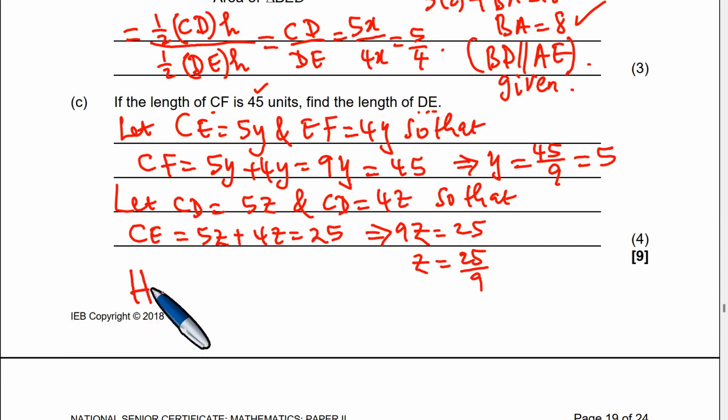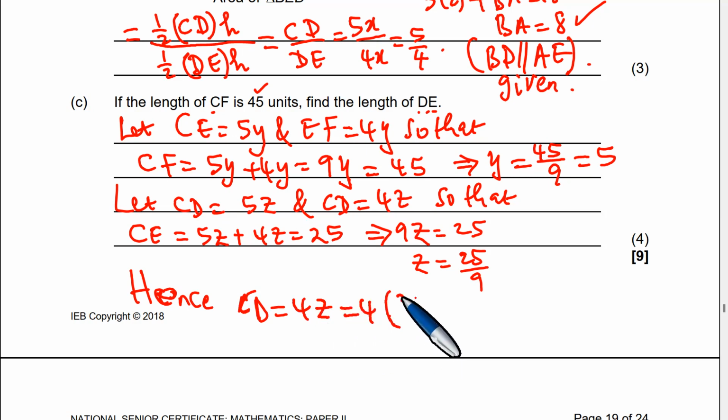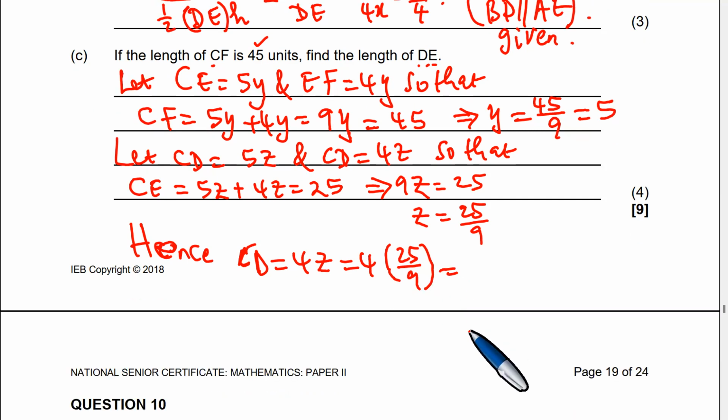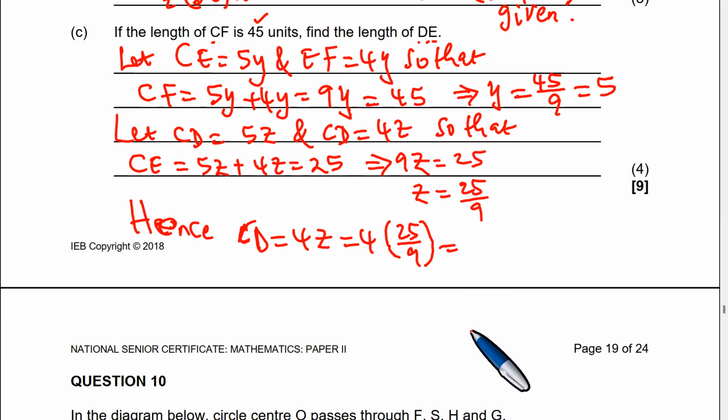Hence CD is 4Z, which is 4 into 25 over 9. So what is then the length of CD here?